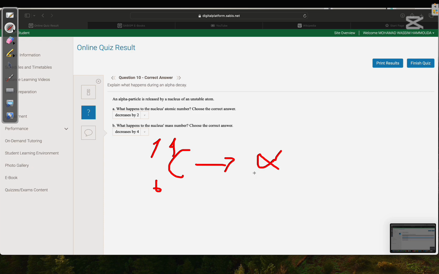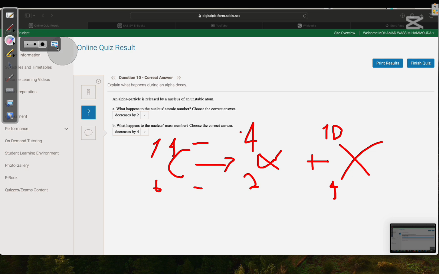Since it's helium, we need to memorize that it has an atomic number of 2 and a mass number of 4, plus, here let's call it element X. We need to balance it out, so we subtract. As we can see, the mass number decreases by 4, but the atomic number decreases by 2.